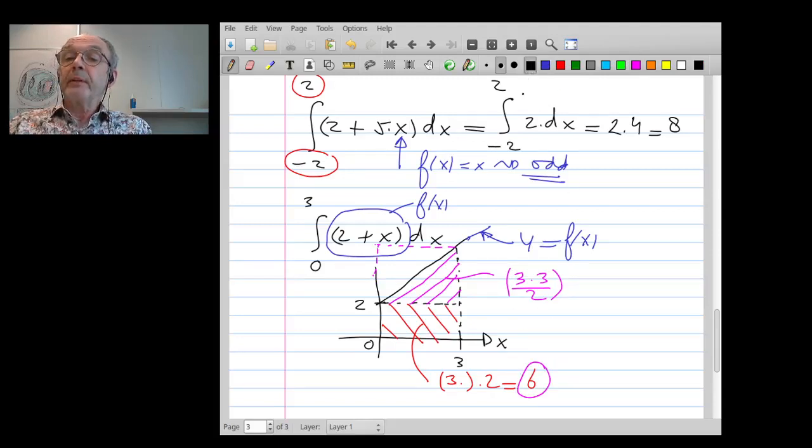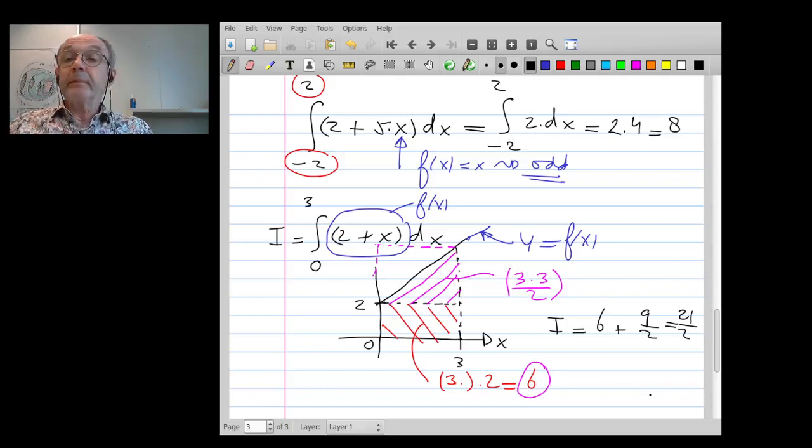So that integral just becomes 6 plus 9 divided by 2, and then you can make one expression of it, 21 divided by 2.